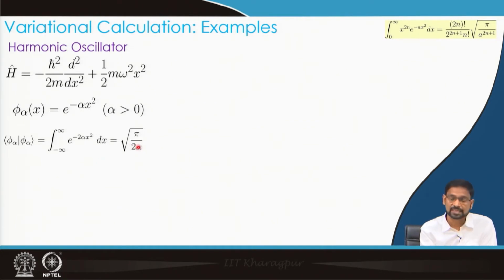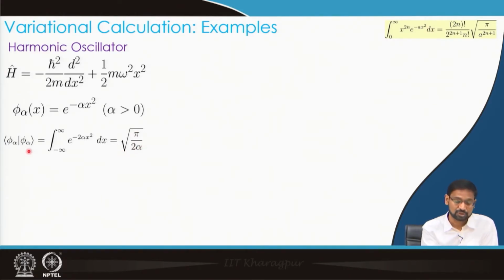But so far as this particular integral is concerned, we can use a standard relation to obtain its value. I am assuming that one does this exercise, and when you do it, you will find that the outcome is square root of pi by 2 alpha. What is important to consider here is that pi and 2 are constants.